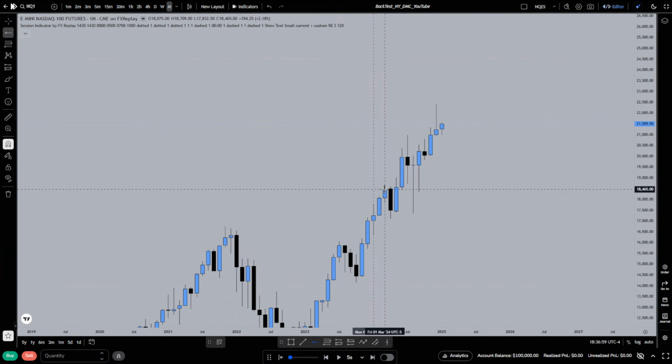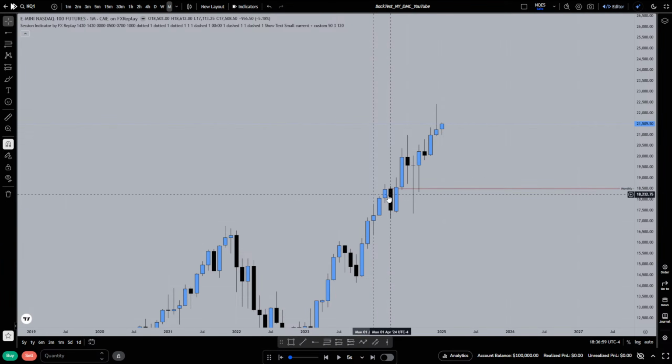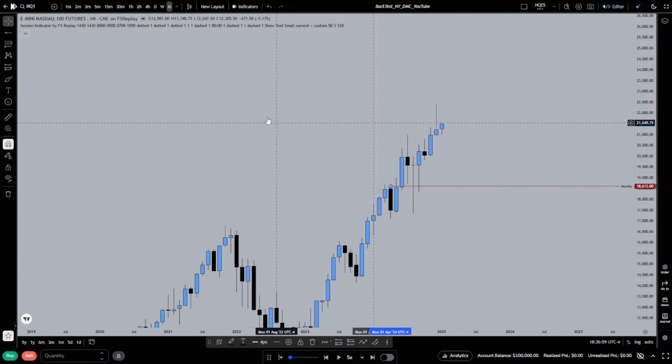So monthly, the one level that we had is this level. Next one would have been this one.